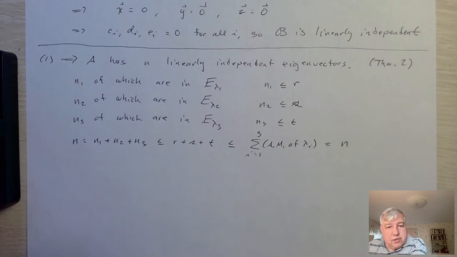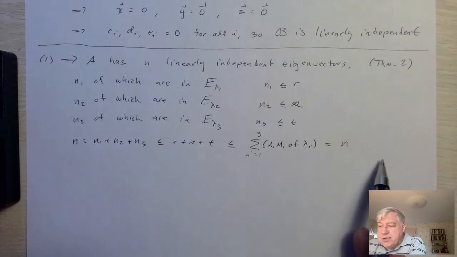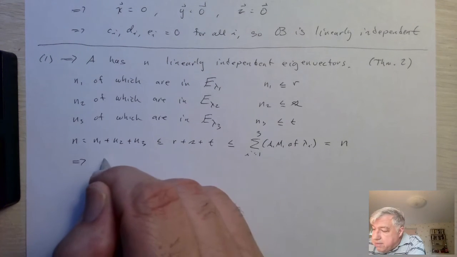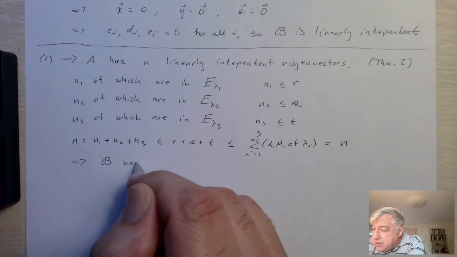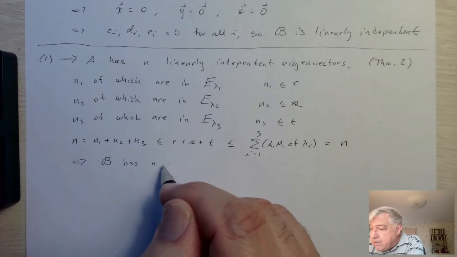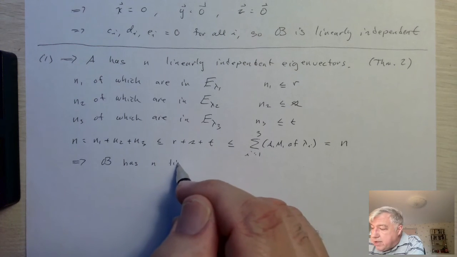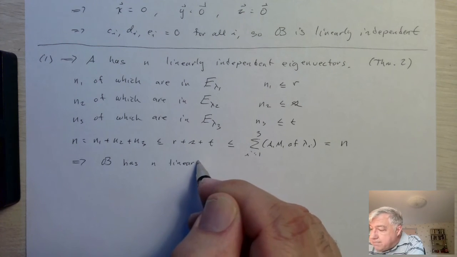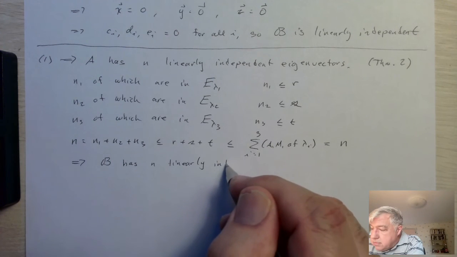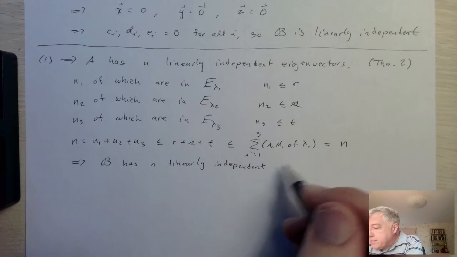So everything here is equal to each other. In particular, beta consists of n linearly independent eigenvectors.